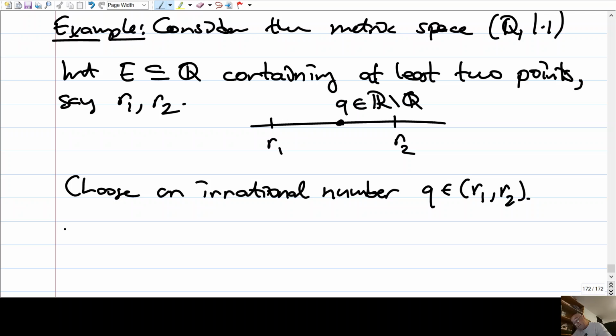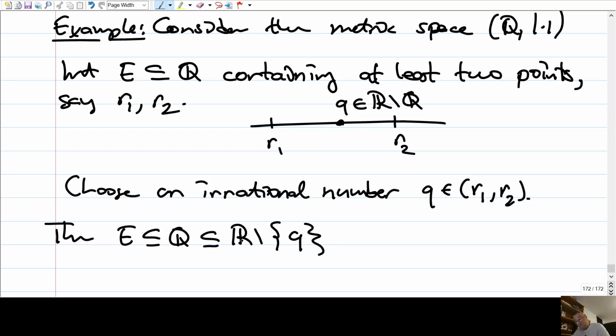Well, then I have this. E, of course, is a subset of Q, and Q is a subset of R minus the point q, because q is irrational.